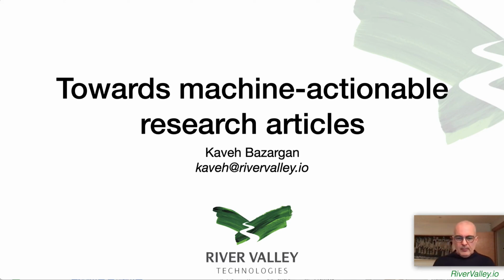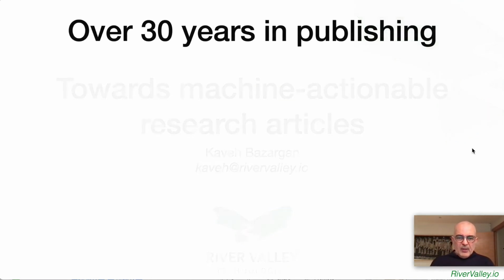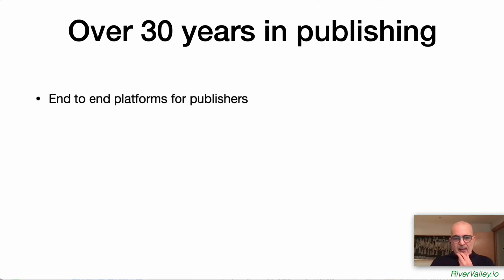I'd like to present an idea of what we call machine-actionable research articles. We've been in publishing for over 30 years, and we've developed an end-to-end set of platforms for publishers.